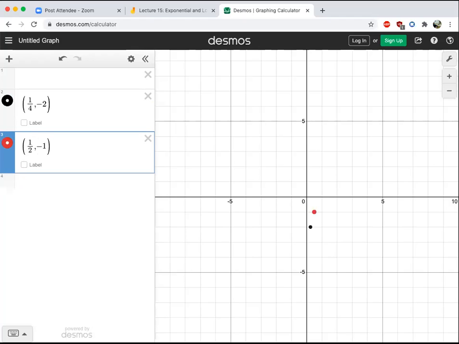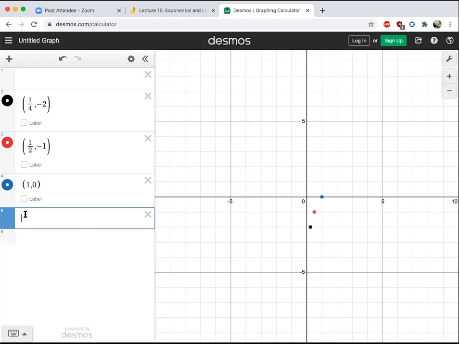Close that up. Then we're going to have, let's see, what comes after that? 1, 0. There we go. Notice that crosses the x-axis, so that's my x-intercept. And the next ordered pair is going to be 2, 1, I think it was.